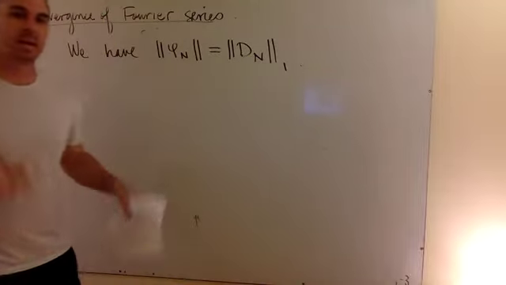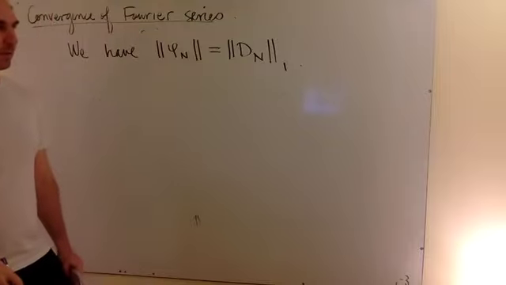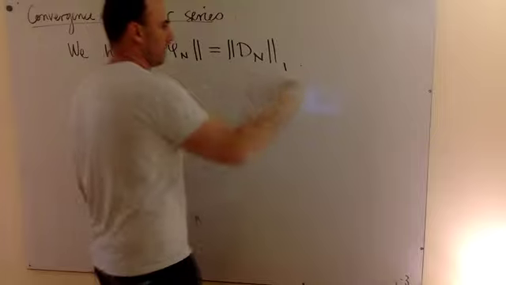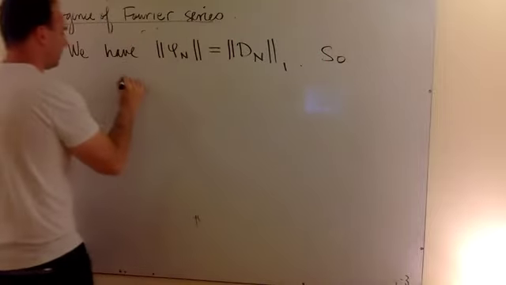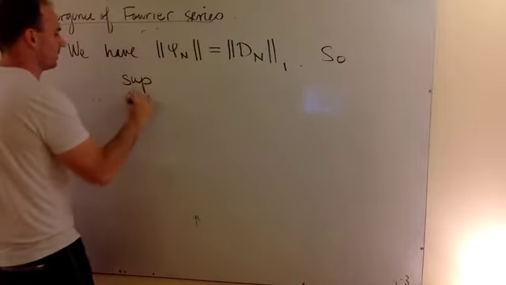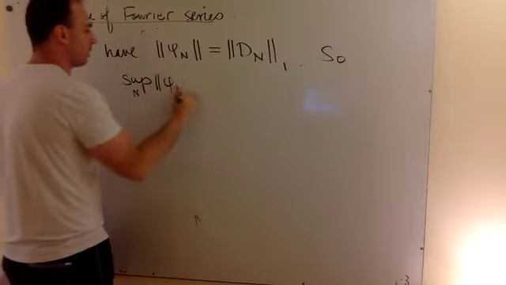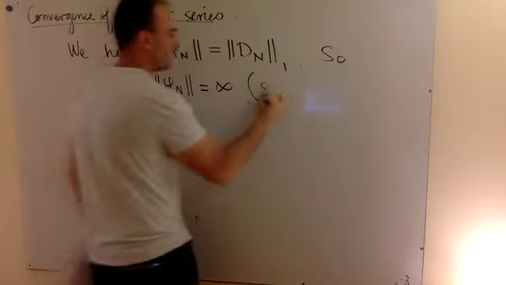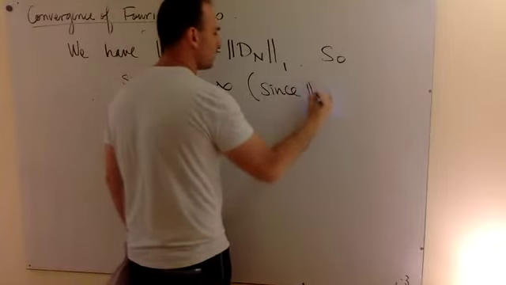Okay. Now we're ready to invoke the uniform boundedness principle. So we know that as n goes to infinity, this goes to infinity. So the sup over n of this family of linear operators equals infinity. This is the calculation we did the other day.